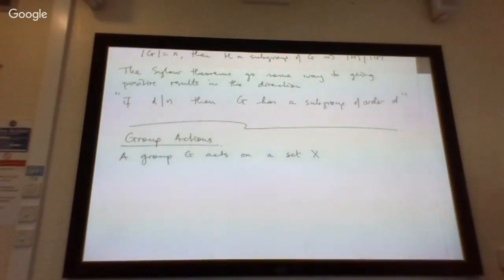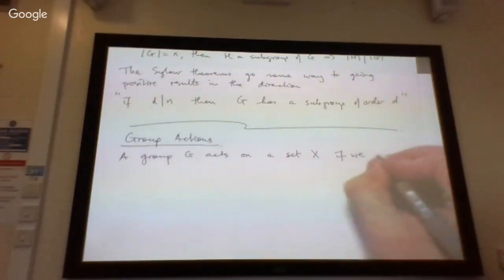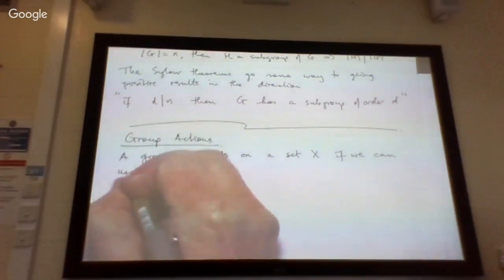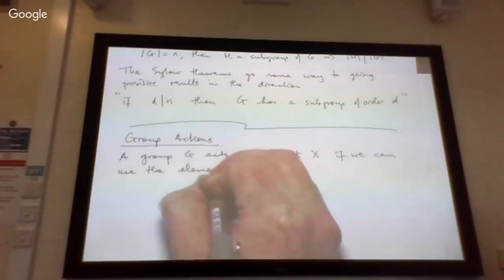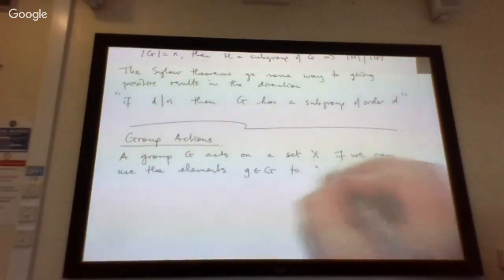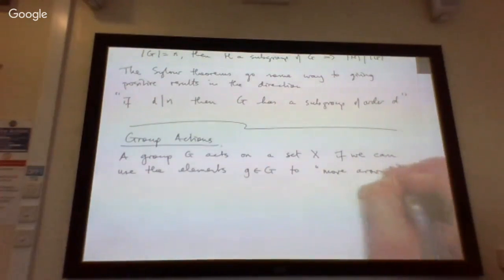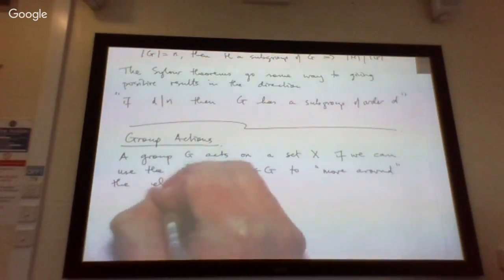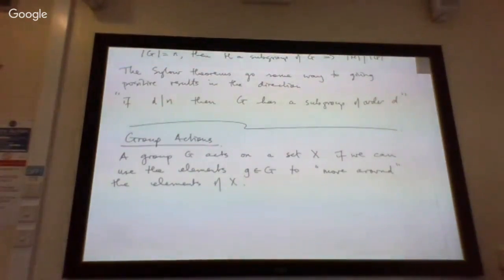So a group G acts on a set X if, in very vague terms, we can use the elements of G to move around the elements of the set X.